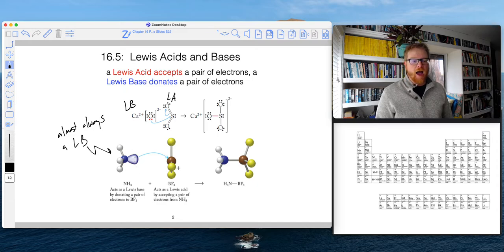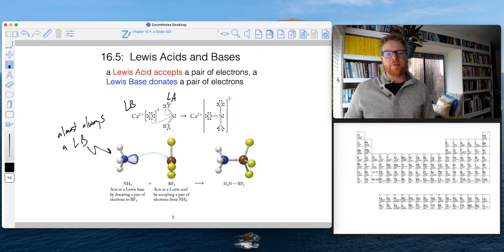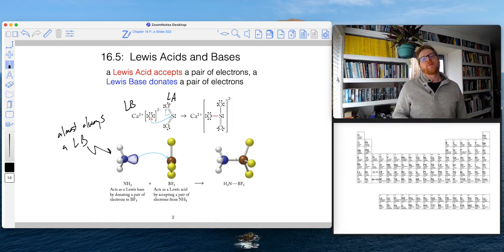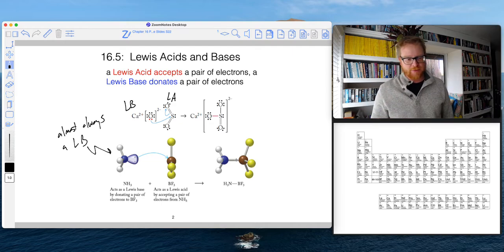Okay. And then now you can see it makes a lovely chemical bond with this boron trifluoride. And boron is a really interesting molecule in that it's happy with only 3 bonds, but it's also happy with 4 bonds. So there's no more electron rearrangement here. It just makes the new chemical bond.